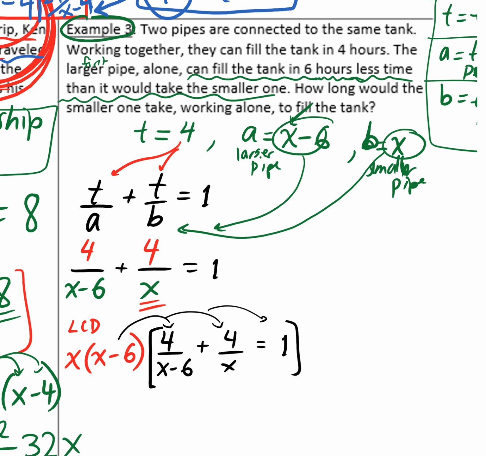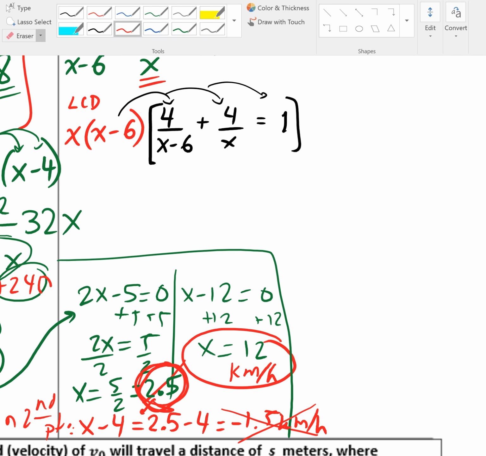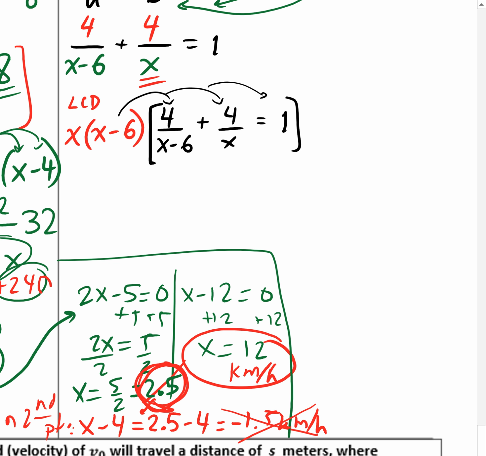We've seen this so many times, I feel like we're probably comfortable enough to cancel as we go. Let's see here, I'm going to erase this. So if I start canceling, if I think about x times x minus 6 multiplied by the first fraction, you can see that the x minus 6's will cancel on the diagonal, but the 4 and the x will be left to be multiplied by each other. The 4 that was in the numerator, and the x that was in the LCD.